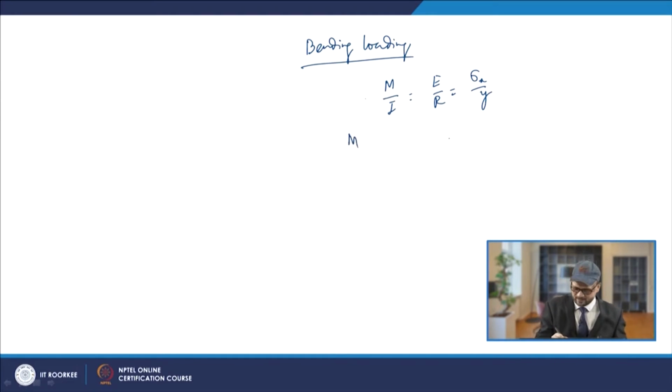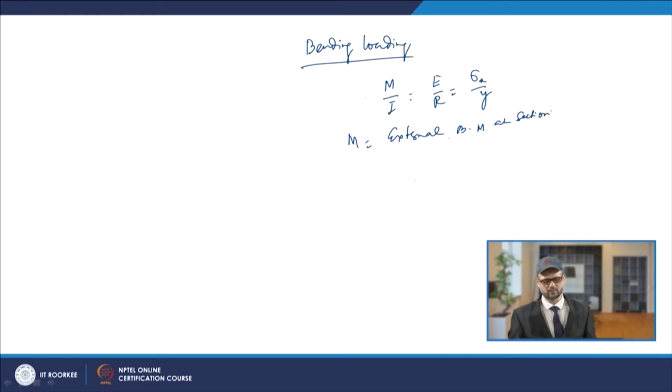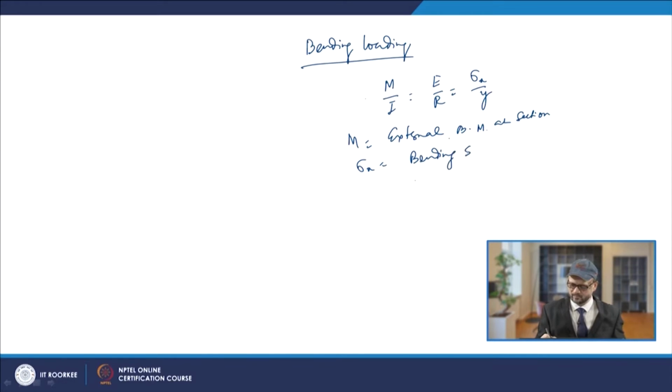M is the external bending moment at section. So, you will have a section which is considered, and then sigma x is the bending stress at perpendicular distance y from neutral surface.